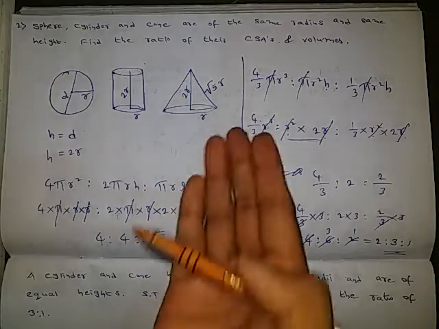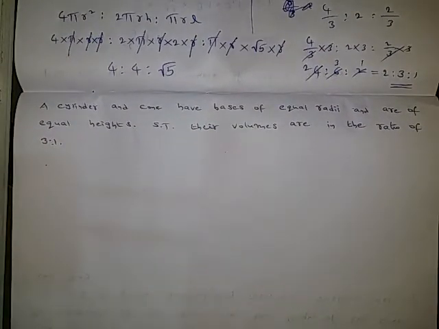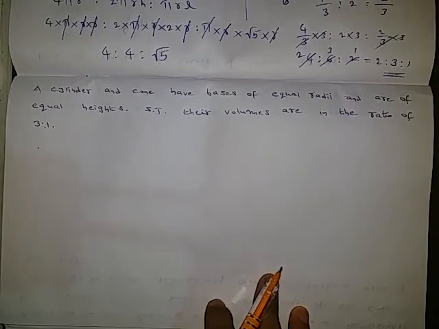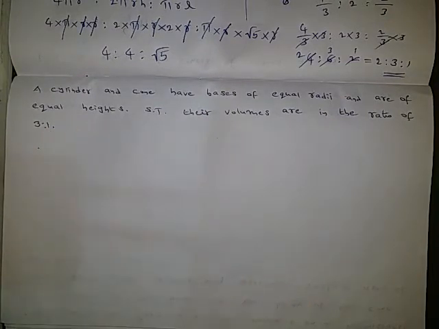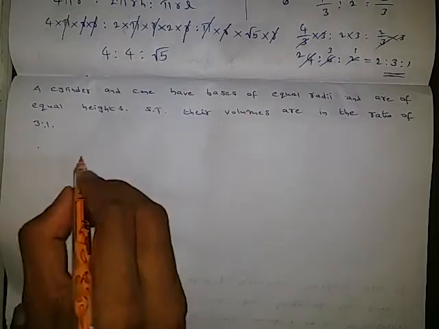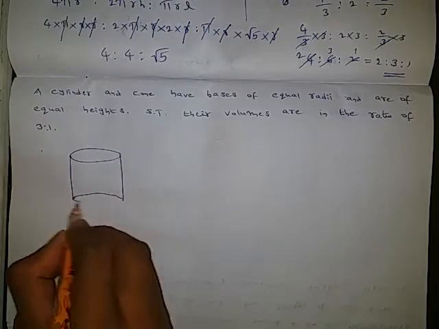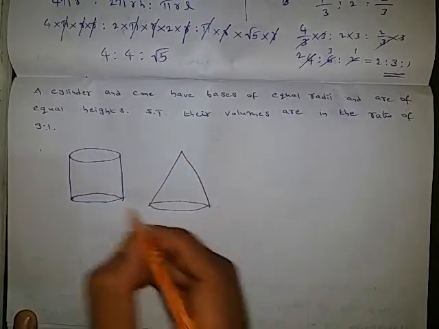Next, let us check one more question based on the same concept again. A cylinder and cone have the same bases, equal radii and equal heights. Cylinder and cone both are having the same radius.